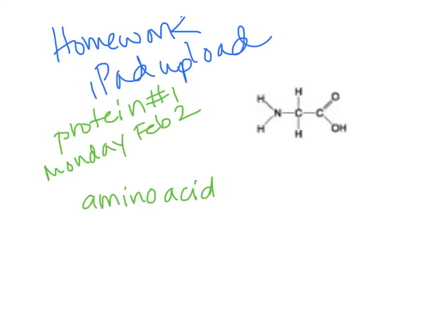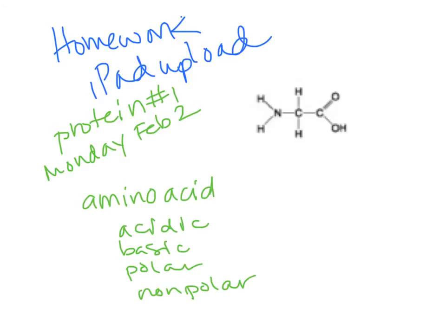And then work through our rules. Does it have a negative charge? Does it have a positive charge? Does it have an oxygen? What is it? So you tell me acidic, basic, polar, nonpolar. Okay? Then you can go back and tell me which one it is. Go look at the chart and tell me which one.